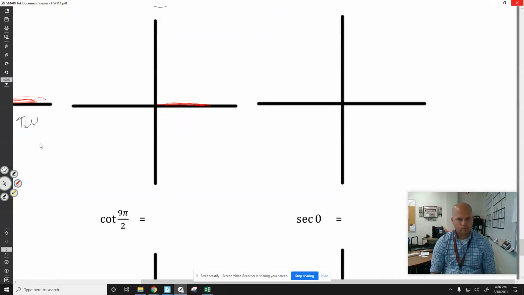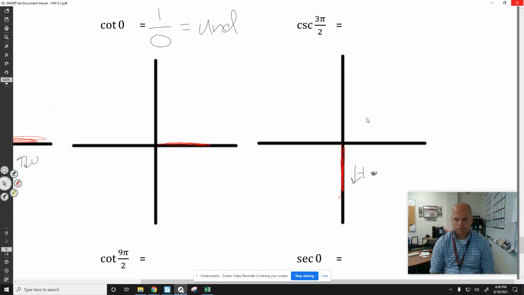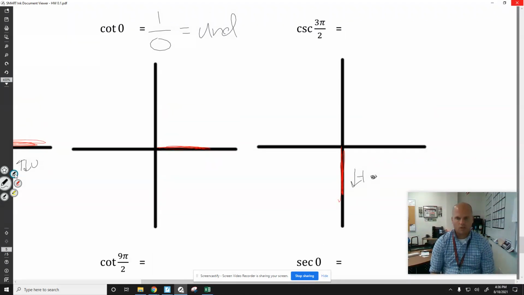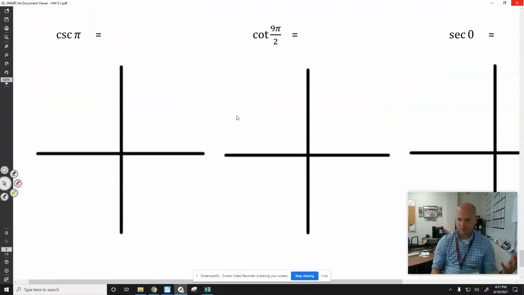Cosecant 3 pi over 2, down 1, left and right 0. Cosecant is sine flipped. Sine is -1. Flip it, it's -1. I need to get something where it's like 0. There we go. Cosecant pi.